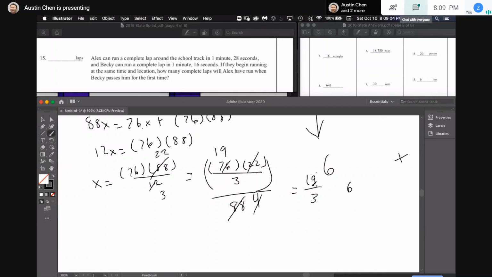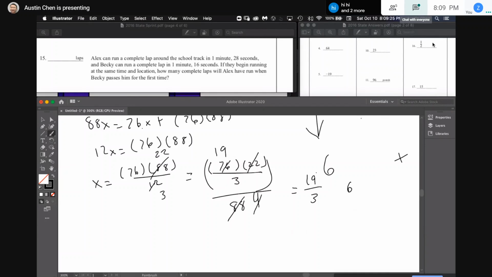And so we see that it will take her between 6 and 7 laps to do it. So she will pass Alex between her 6th and 7th lap.